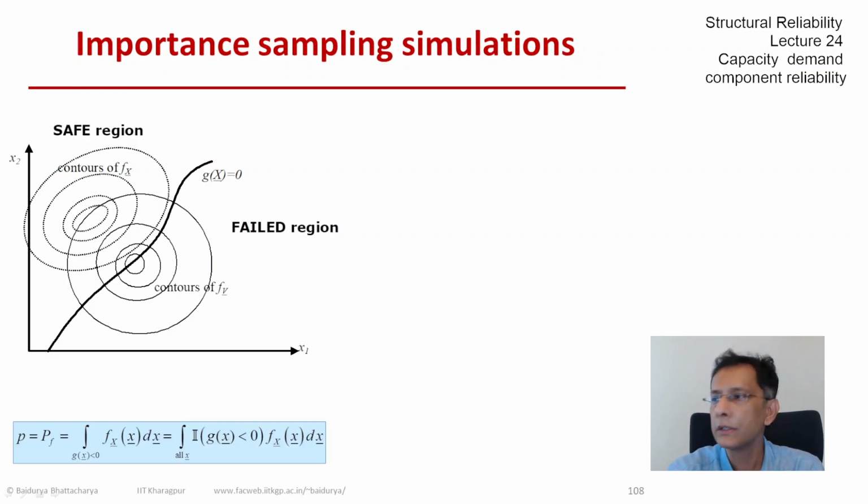So this is our original scheme, which we looked at quite a few times when we were looking at Monte Carlo simulations. So our failure probability is the probability content of the failed region, or g(x) less than 0, and we can just convert that into an expectation type operation if we bring in the indicator function I, which becomes 0 when we are in the safe set and which becomes 1 when we are in the failed set.